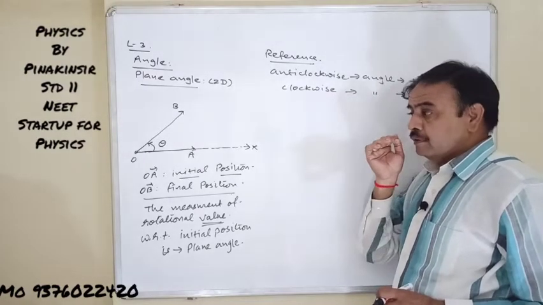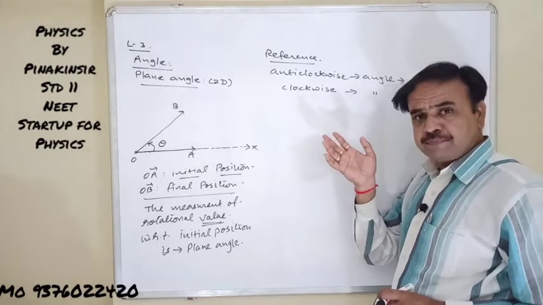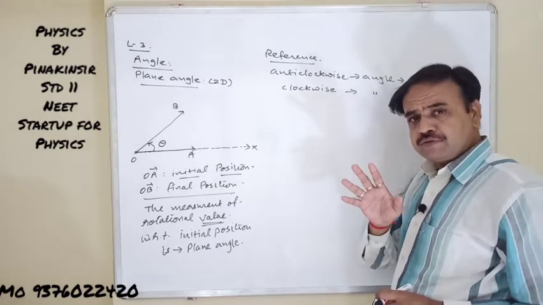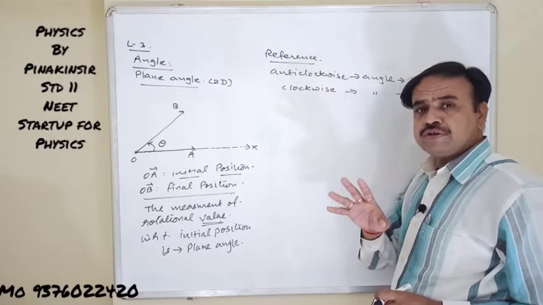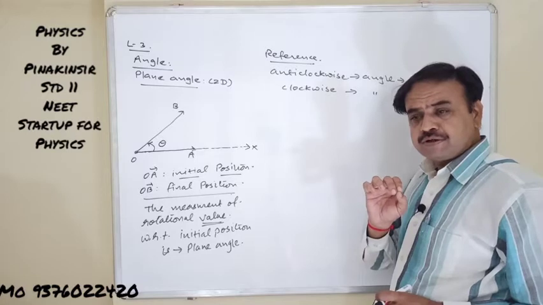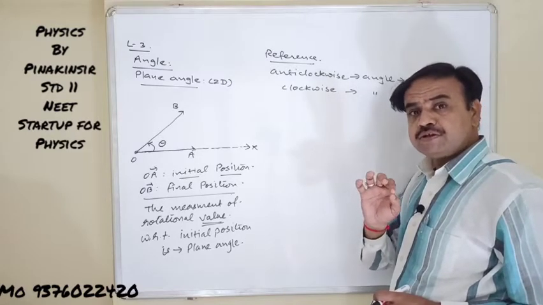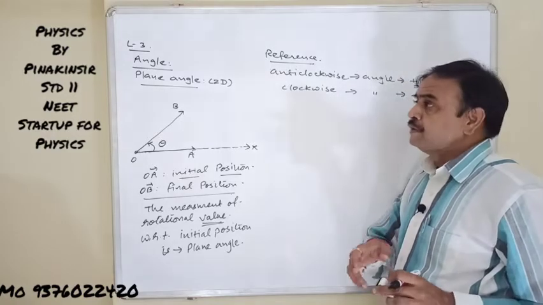Now, here we are discussing plane angle, but any physical quantity without a unit has no significance. Each and every physical quantity must have some specified unit. It must be measured in a specified unit.